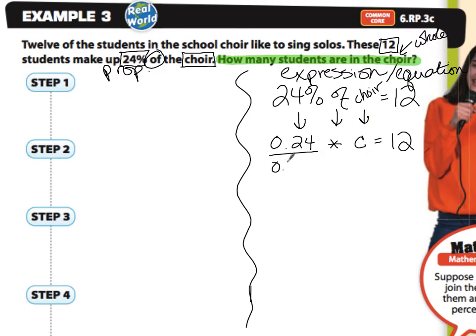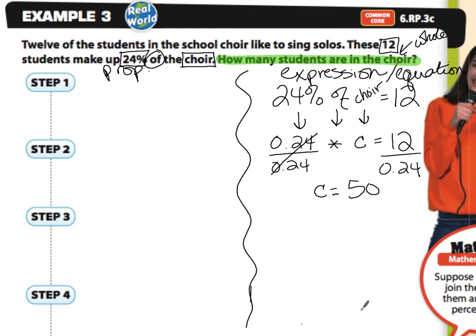Again, I would divide both sides by 24 hundredths because I want to get C by itself, and I want to undo the multiplication. These cancel each other out, and I get C is equal to, oh goodness, I can't draw my line here. Sorry about that. C is equal to 50.